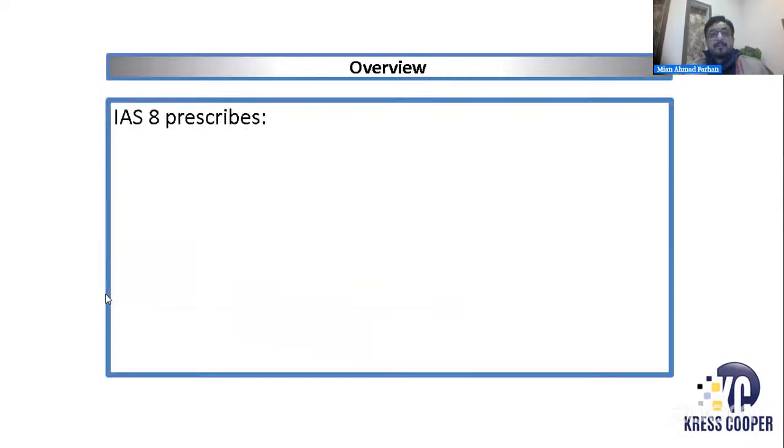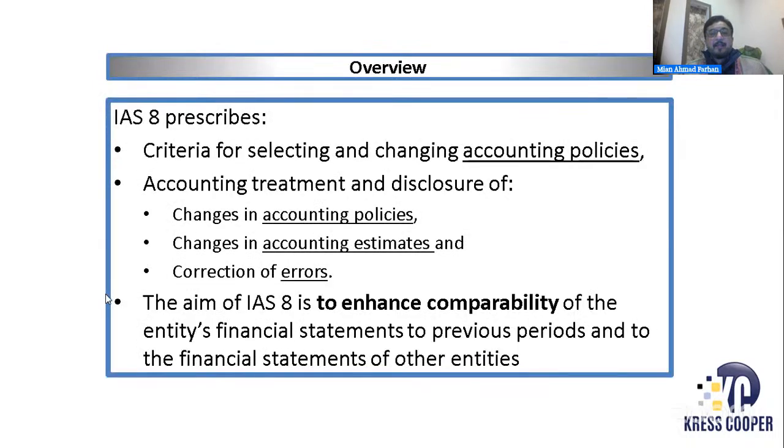IAS 8, as I told you, talks about the criteria for selecting accounting policies and accounting for those policies if they get changed. It also talks about the accounting treatment and disclosure of changes in accounting policies, changes in accounting estimates, and the correction of errors.